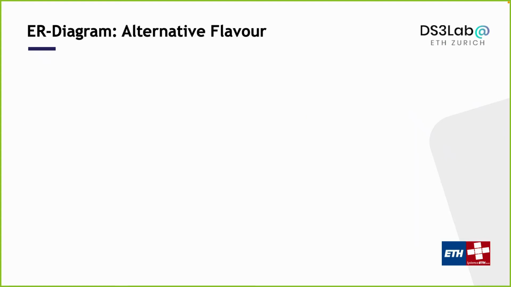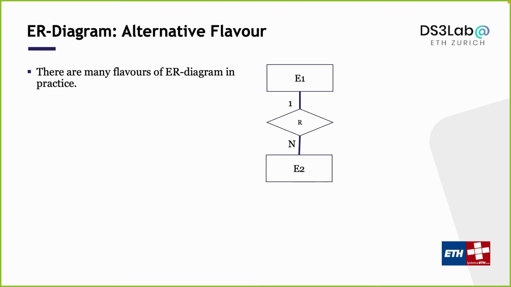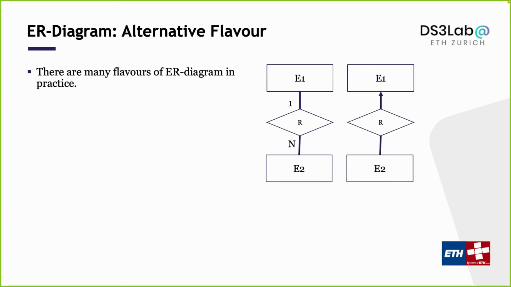Another thing when you really see conceptual models in the real world is to keep in mind that there are many different flavors of entity relationship diagram that you are going to see in practice. So do not be surprised when you see something that looks different. For example, we talked about this many-to-one relationship notation. In practice, maybe this many-to-one is encoded by the direction of the edge. You also see that, and they are talking about the same thing.